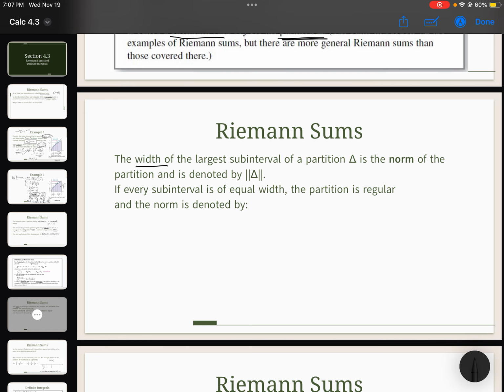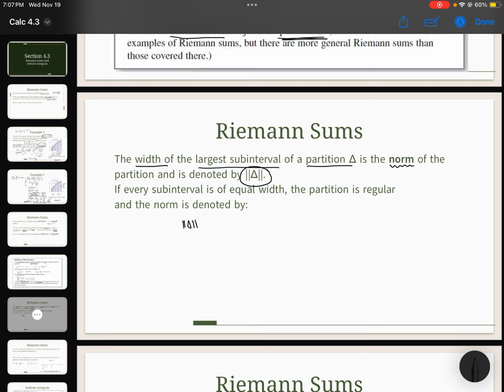The width of the largest subinterval of partition delta is called the norm, and it's denoted with this notation over here. So here we're saying if every subinterval is of equal width, then we just define this normally, this way we've been doing the past couple of days.